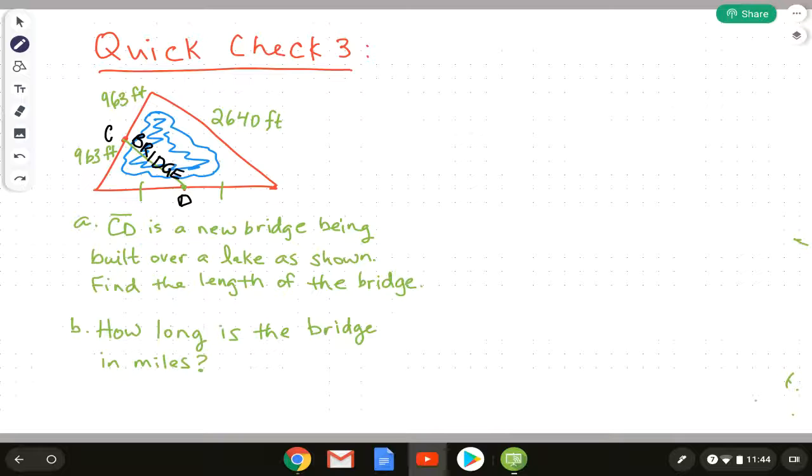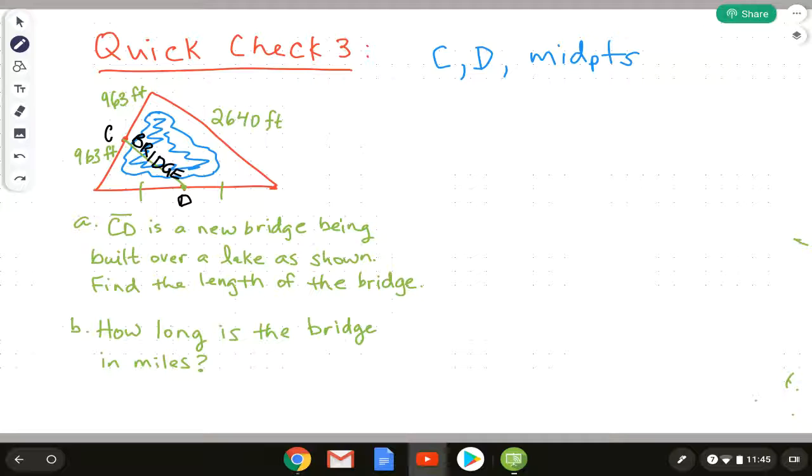So if I look at the information in the diagram, I can see that on either side of C, it's 963 feet for each of those segments. So that makes C a midpoint. And then for D, they don't tell me the lengths, but they do show me with the markings that those are congruent. So C and D are midpoints, which makes CD a midsegment.